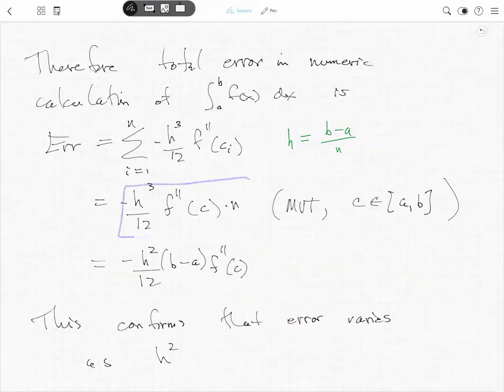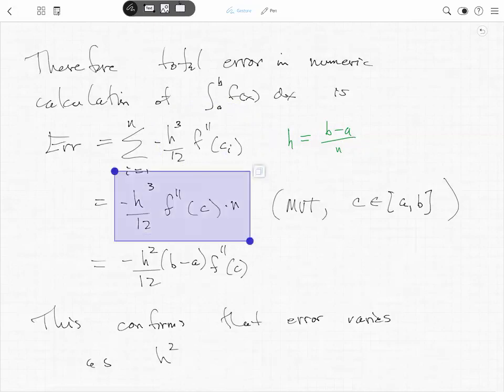And now I'm going to invoke the mean value theorem again. When we add up this term that involves the second derivative at all of these intervals, even though this c_i changes for each interval, nevertheless, we can get the total by evaluating the second derivative at some single point c, somewhere between a and b.